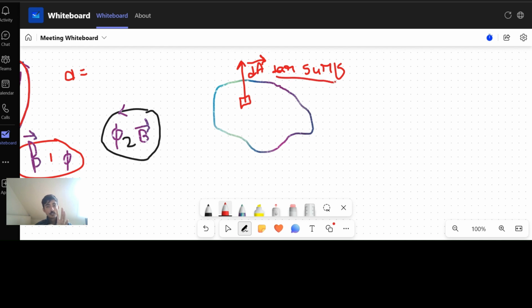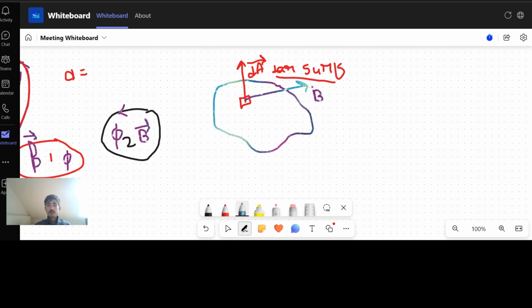The dA is perpendicular to the surface, and that's a perpendicular vector. Now let us say, for instance, the magnetic field is in this direction.